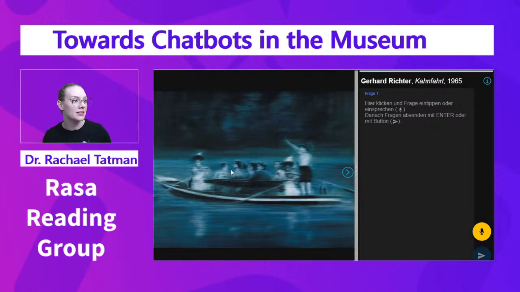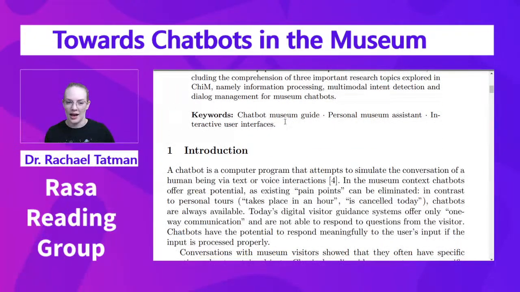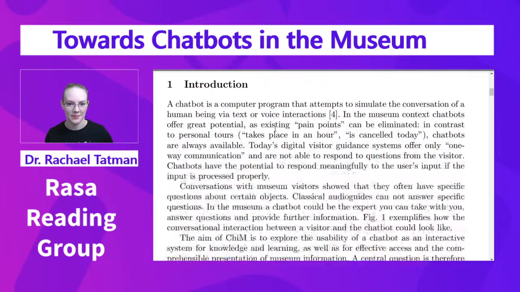So that's what the assistant they did build does. Keywords: chatbot museum guide, personal museum assistant, and interactive user interfaces. Introduction. A chatbot is a computer program that attempts to simulate the conversation of a human being via text or voice interactions.